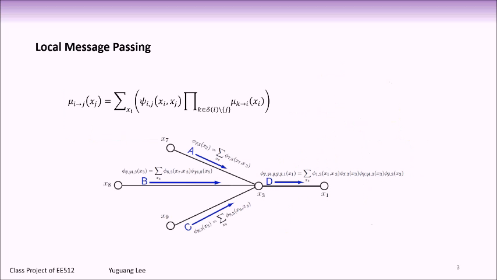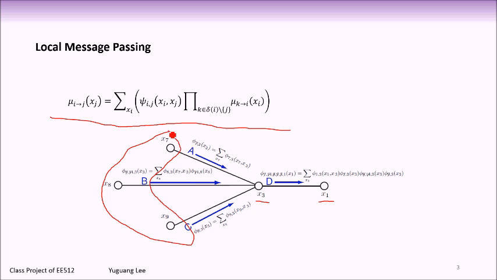Alright, so let's say I want to calculate the message sent from x3 to x1. I'll use this equation. We first collect the messages from the nodes other than x1 and calculate the product of these messages, and then multiply it by the edge potential from x3 to x1.